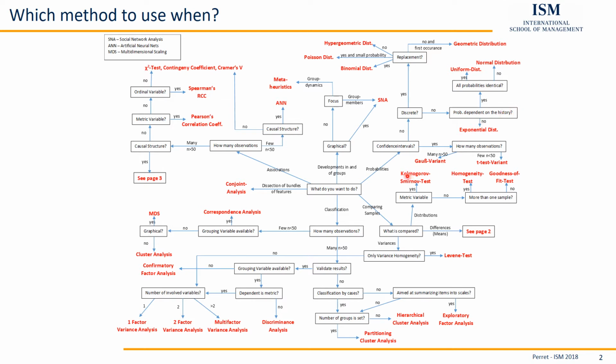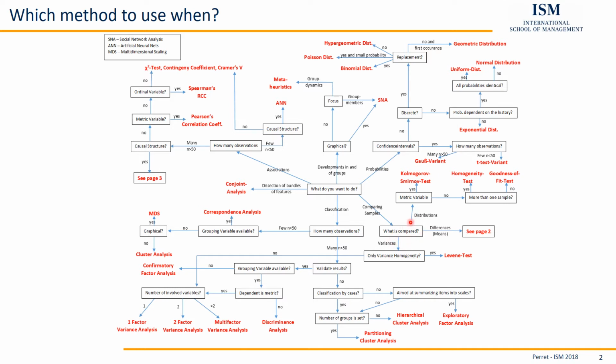A bit more advanced is usually the first tests you run. And that's in many cases comparing samples. So if we switch to this branch, the question would be, well, you compare samples, but what do you want to compare? Distributions, differences or means, or variances?